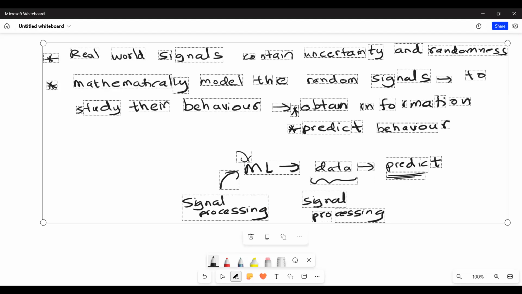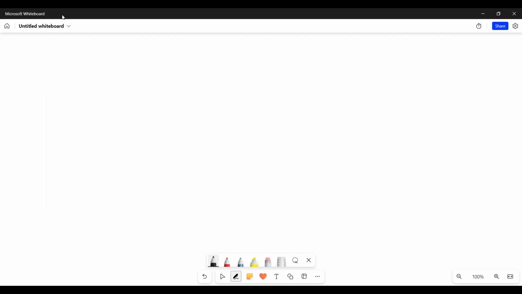So I'm going to erase this. Right. So in order to mathematically model the data, we will use different mathematical concepts. Signal processing is based on lots of mathematical concepts and statistics concepts, right?